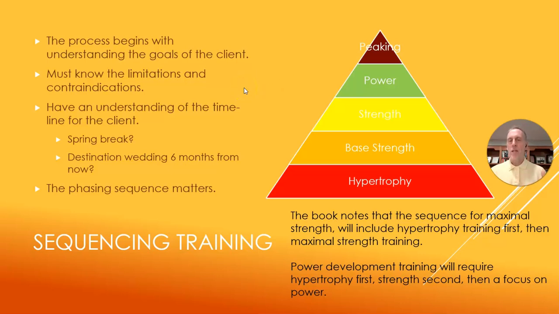The process begins with understanding the goal of the client and knowing the limitations and contraindications the client may have, and also the timeline the client has, because there might be some constraints. From the first of the year to spring break, it's usually about 8 weeks. If you're trying to get somebody to test out maximally in 8 weeks, you're probably not giving them enough time.